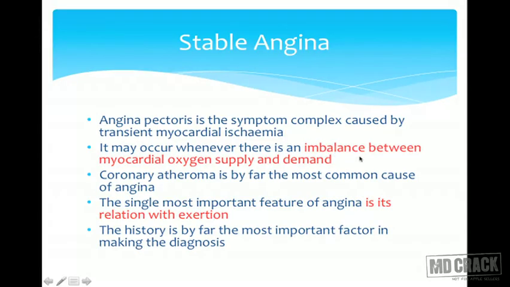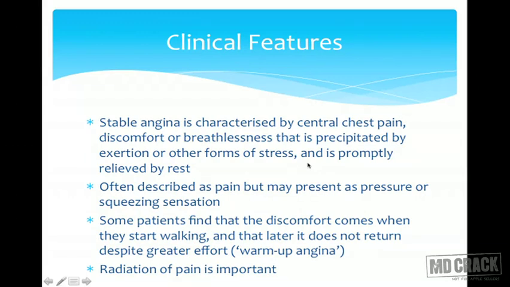The single most important feature of angina is its relation with exertion. I want you all to please concentrate on this important point. In angina, there is a definite relation with exertion or stress. The history is by far the most important factor in making the diagnosis of stable angina. It is characterized by central chest pain, discomfort or breathlessness that is precipitated by exertion or other forms of stress, and it is promptly relieved by rest.